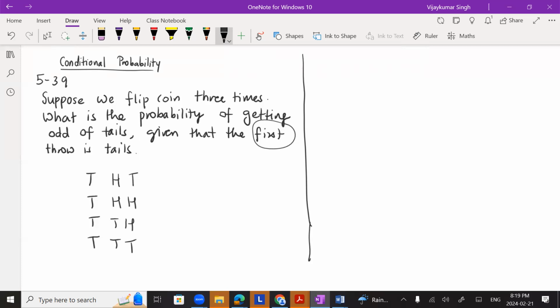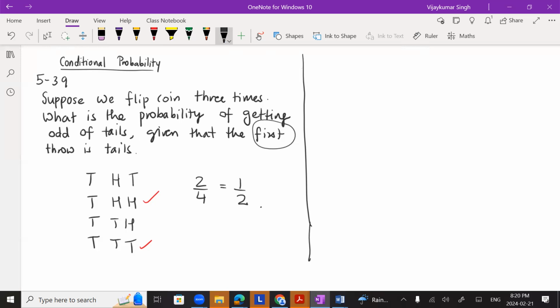So what is the probability of getting an odd number of tails given that the first throw is tail? Which of these have an odd number of tails in total? This one has an odd number of tails in total, and this one too. All right, so we have 2 over 4, which is 1 by 2. Does that make sense to you?